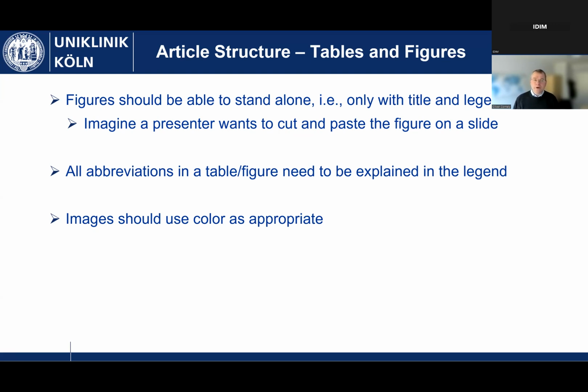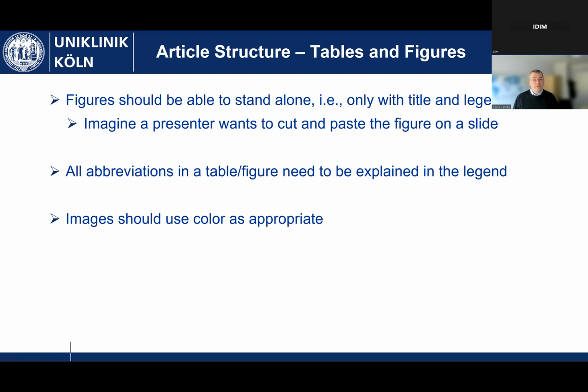Imagine a presenter who wants to cut and paste that figure from a PDF and put it on a slide. That process should work, and you should facilitate that process, because we all love to be cited, so make it easy for those who present to cite.